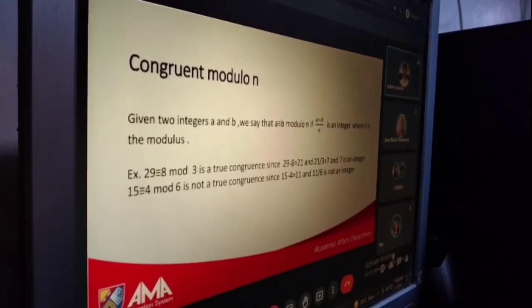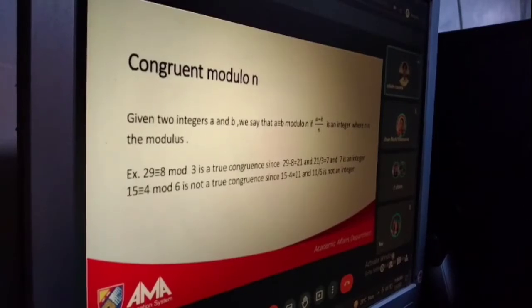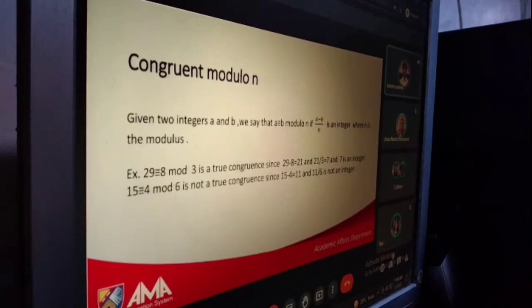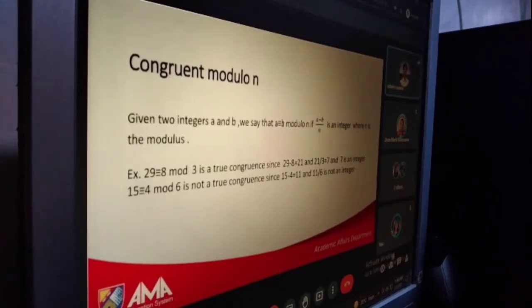We cannot say that 15 is congruent to 4 kasi nga ang magiging sagot niya is not an integer. That is a fraction, 11 over 6, kasi 15 minus 4 is 11 divided by 6. So 11 over 6 pa rin kasi hindi naman siya eksaktong whole number.